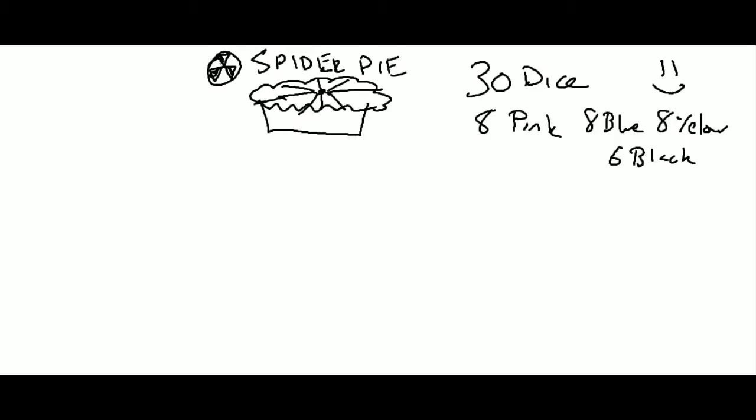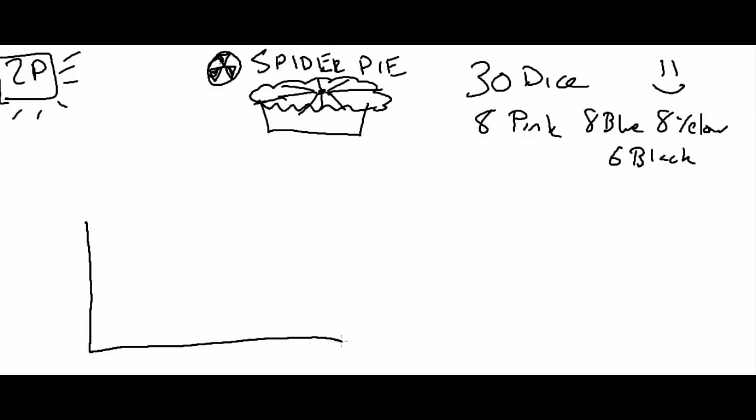Anyways, I think we're going to go for something simple. We're going to go for a two-player game, because that is the simplest thing to do. The idea I had earlier was for something where you've got a card in front of you, and it's got a few different types of pie you can make.